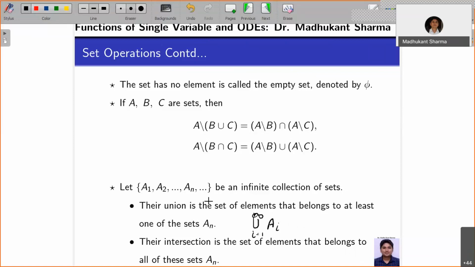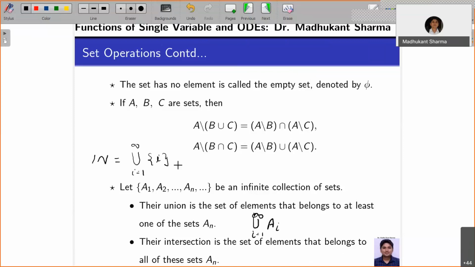Their union is nothing but the set of elements that belongs to at least one of them. So if one of the A_I contains X, that X will go into the union. And their intersection is the set of elements that belongs to all of these sets A_I. You can take, for example, the set of natural numbers, which can be written as the union over I equals 1 to infinity of the singleton {I}.